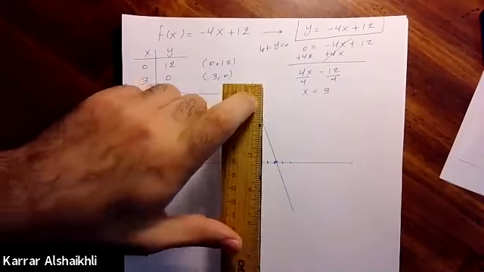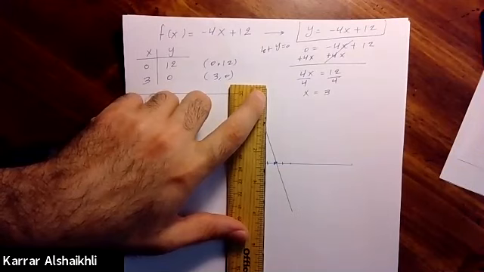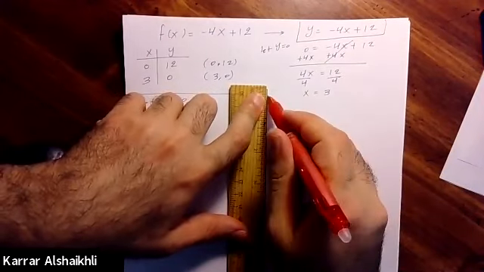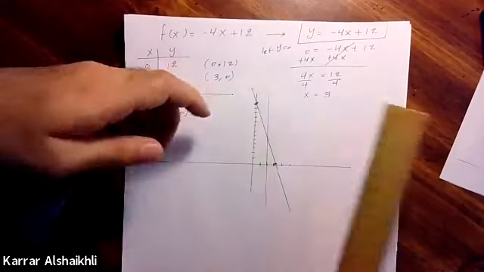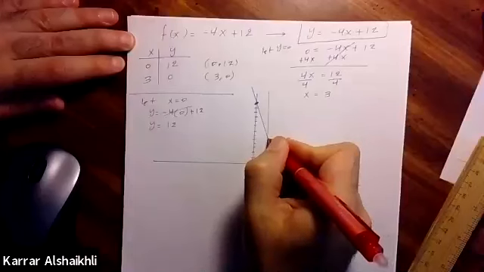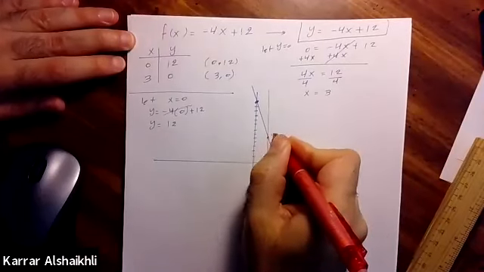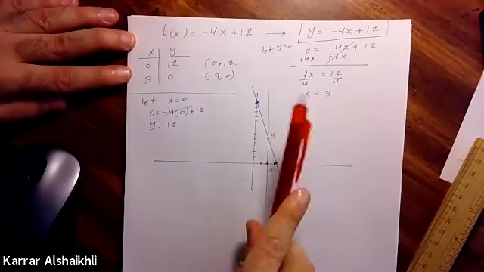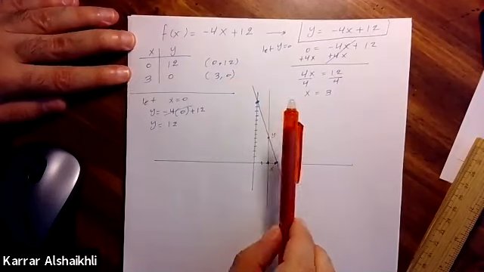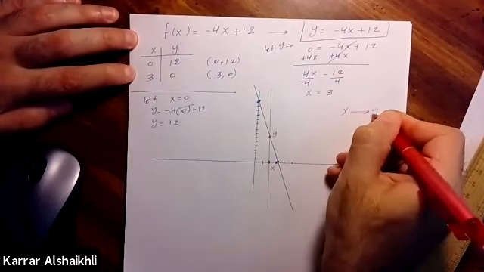If I graph a vertical line test here to find if it's a function or not, I will find at this x, how many y? 1 y. At this x, I have only 1 y. If you try a vertical line test on this side, you will see each x goes to 1 and only 1 y.